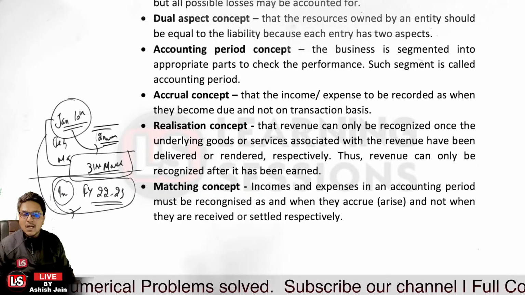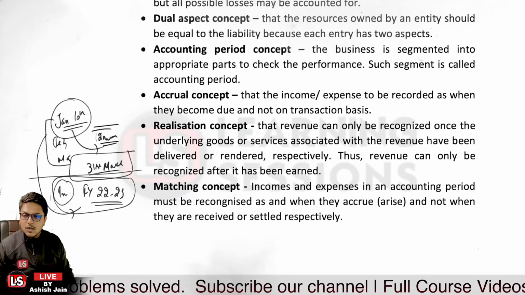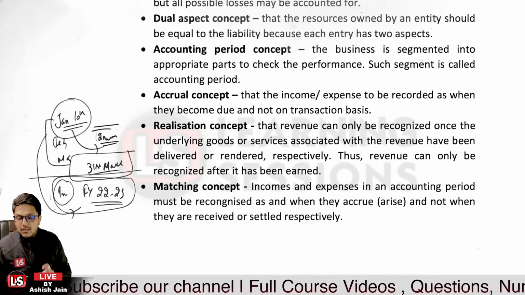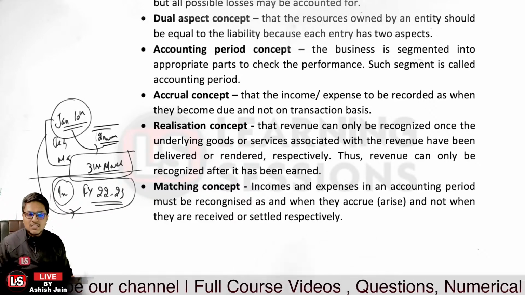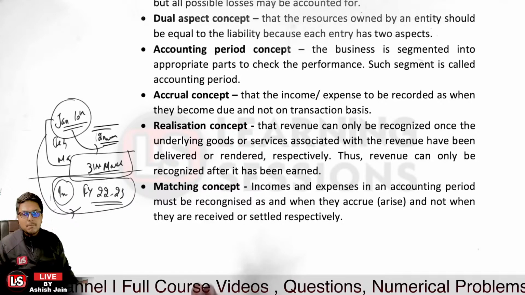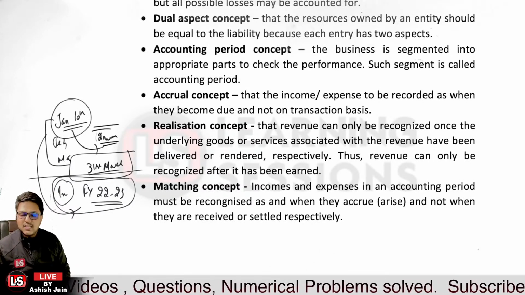It will be accounted in the next year. That is the matching concept itself, which says that incomes and expenses must be recognized as and when they accrue and not when they are received or settled respectively.